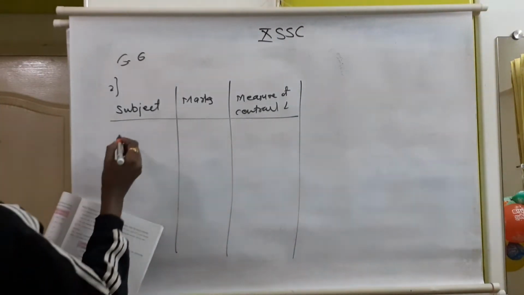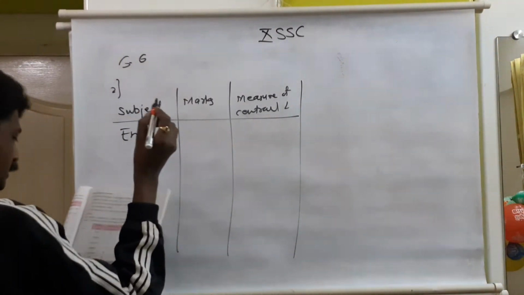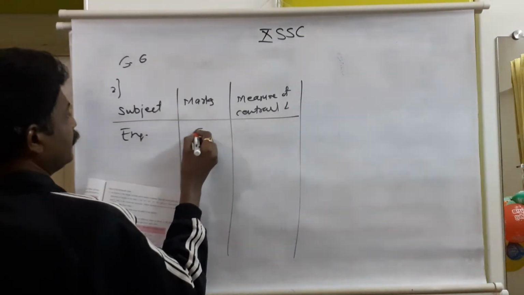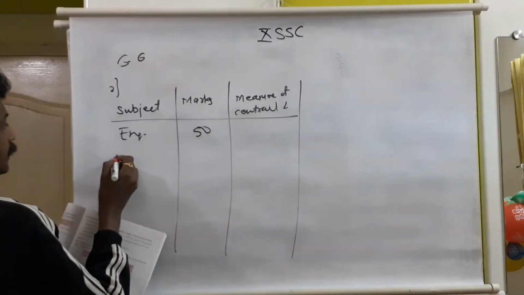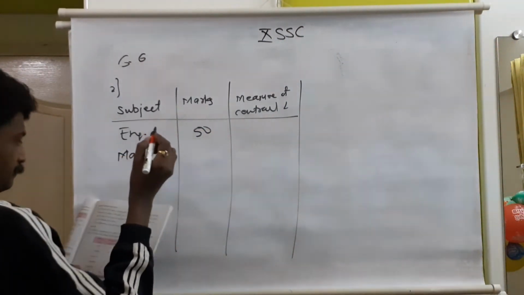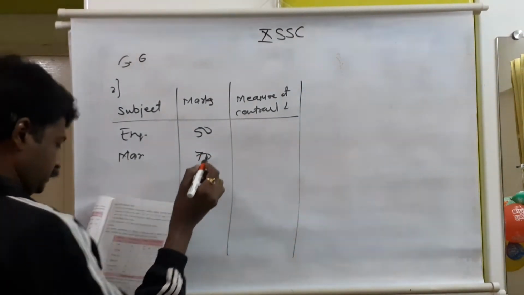So the first subject is English. In English, the child scored 50 marks. In Marathi he has scored 70 marks.